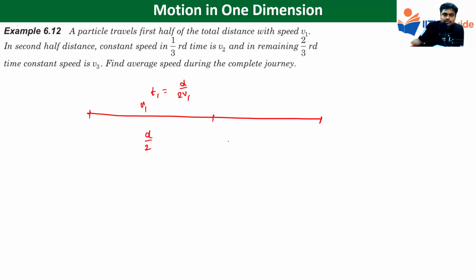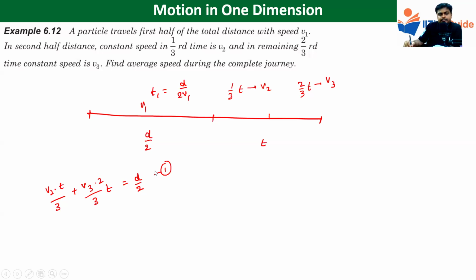So let us say that this whole time taken is T. So for 1 by 3 T it is V2, and for 2 by 3 T it is V3. So therefore V2 into 1 by 3 T plus V3 into 2 by 3 T is equal to D by 2. Okay.